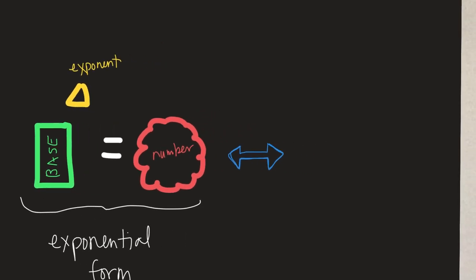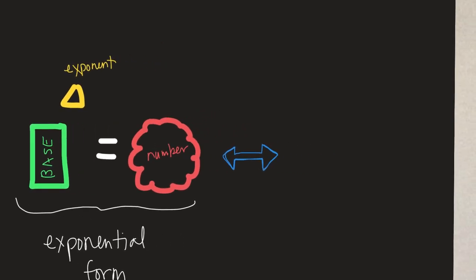Now we take this exponential form and we rearrange the furniture in order to make it into a logarithm form. The first thing we do is add the word log. You can't have a logarithm without the word log. The base from your exponential becomes the base of your log.